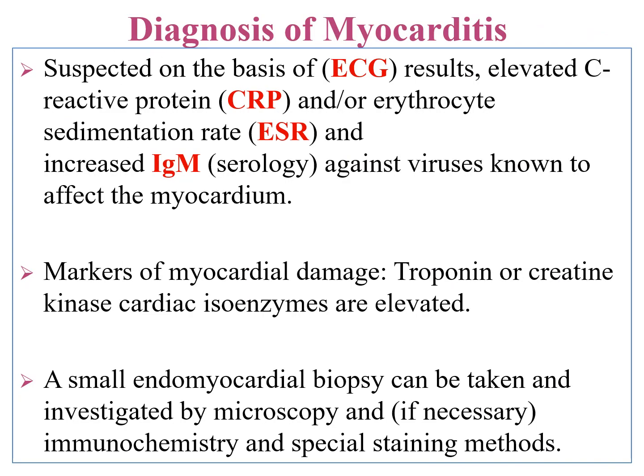The diagnosis of myocarditis is not an easy task. It depends on the clinical picture of the patient, and they do some cardiac examination and cardiac investigations, just like the ECG and the troponin level. If myocarditis was caused by an infectious agent, then the C-reactive protein and the ESR are expected to be higher than normal.